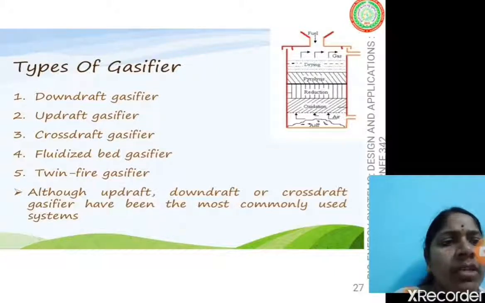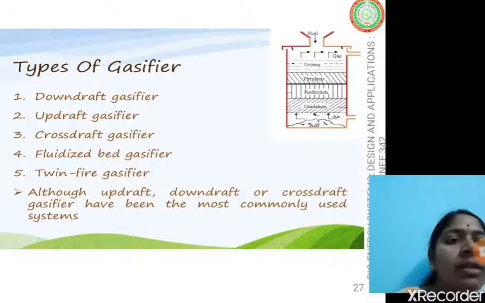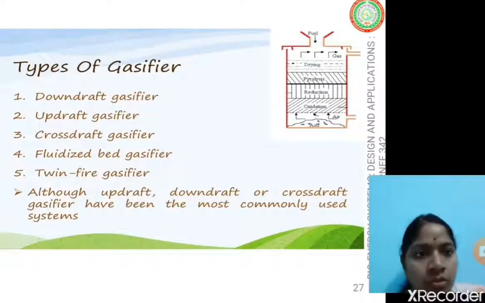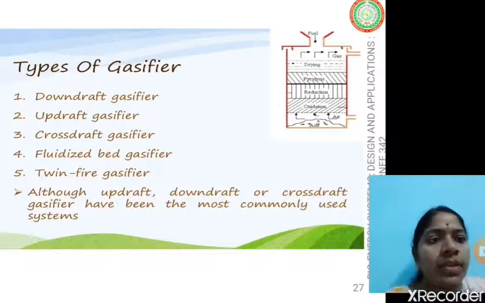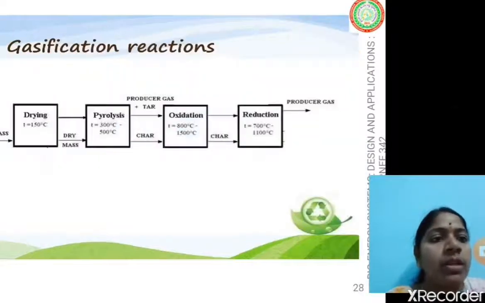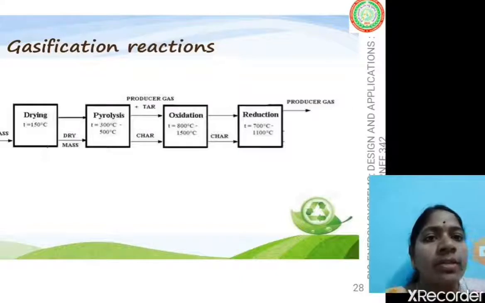Although the updraft, downdraft and crossdraft gasifiers are the most commonly used systems. Among these five types named here, the updraft and downdraft gasifiers as well as the crossdraft gasifiers are mostly used in the production of producer gas.